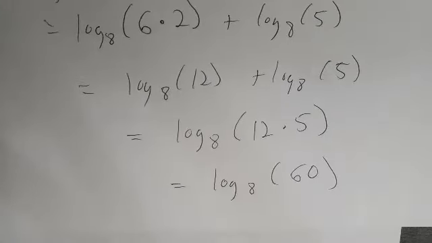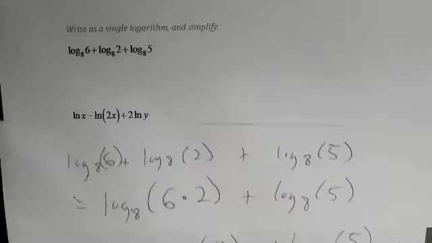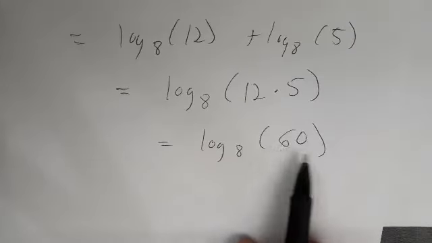Okay. And we don't go over the change of base formula until later. So after you get to here, we have condensed this thing to a single log. I believe that was what the instructions were. This is fully simplified.